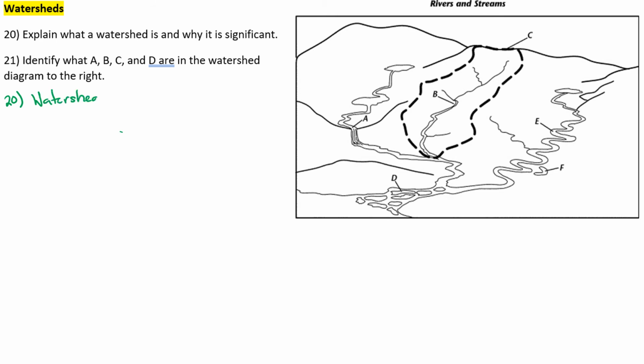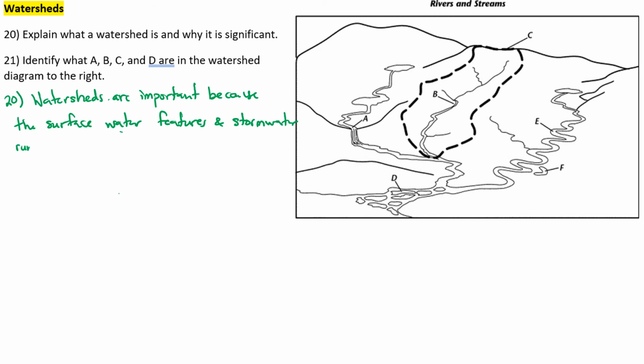Watersheds are important because the surface water features and storm water runoffs within a watershed ultimately drain to other bodies of water.